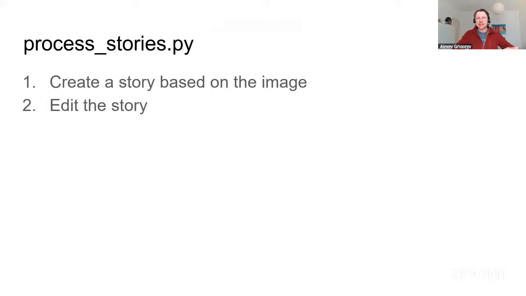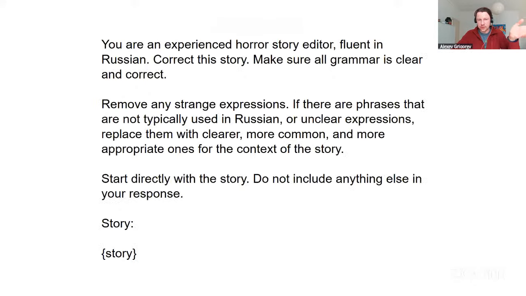So there was another step of taking the output of the first step and editing it. The prompt says, you're an experienced horror story editor fluent in Russian, correct this story. Sometimes the grammar was not consistent. For example, there was a feminine object, but it would use the masculine inflection for it. This step helped. I guess when we tell the AI model that it's fluent in Russian, it becomes fluent in Russian. I don't know how it works, but it helped, not 100%, but it made it better.